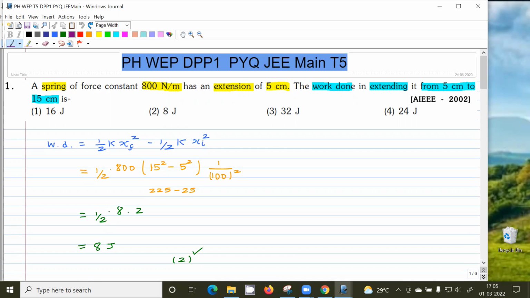K is equal to F by x. Okay, and then the work done has gone into increasing the spring energy. The increase in spring energy will give the work done.